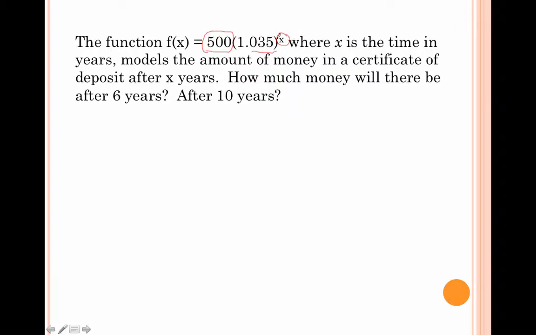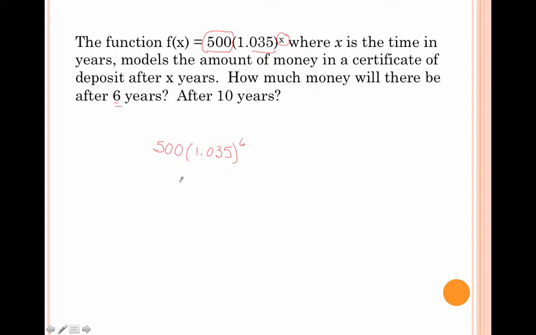So this is essentially compound interest. Over the period of 6 years, how much will my $500 be worth if it earns compound interest at 3.5% annually? So we're going to, again, put this in our calculator as 500 times 1.035 raised to the, in the first case, 6 years.